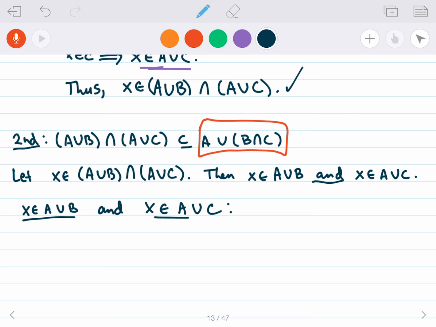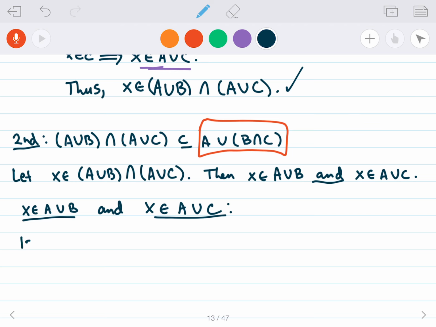Both of these things are going to be true. So X being in A union B means that X could be in A or B, right? And also X is in A union C.